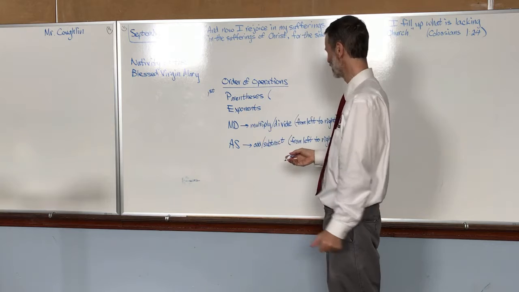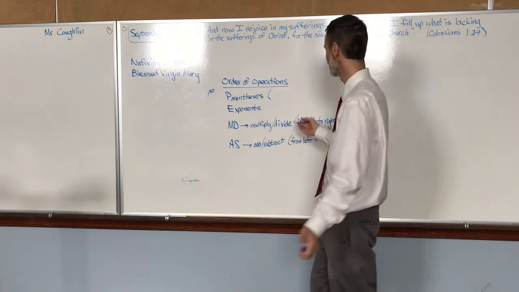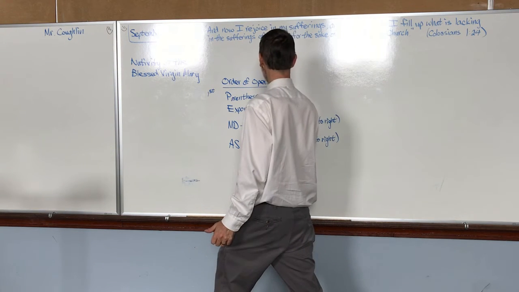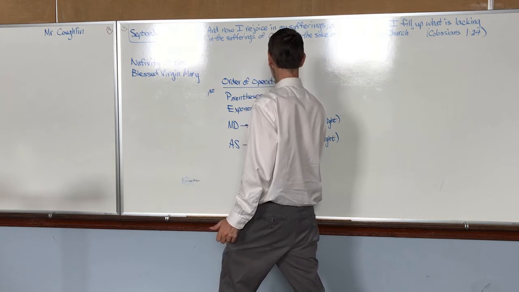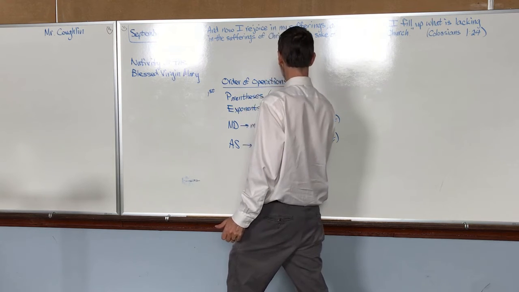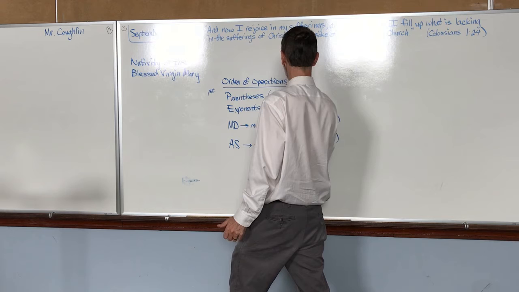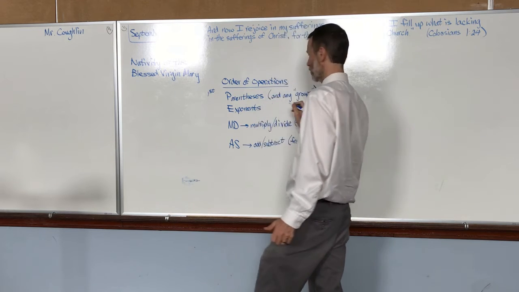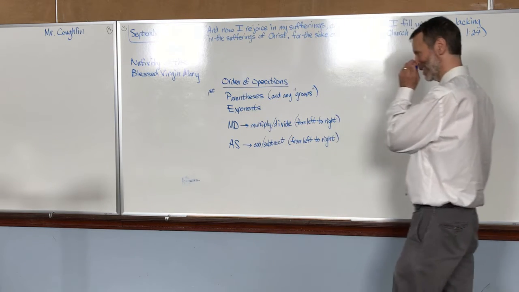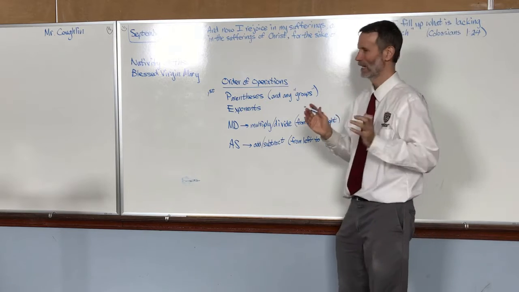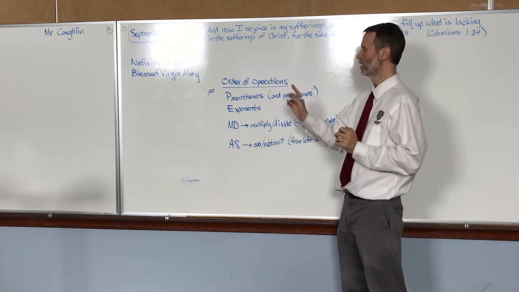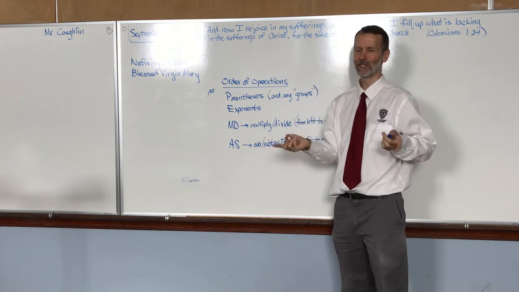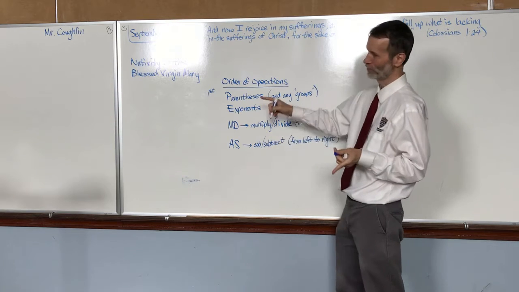So parentheses and any groups. I'll show you what that means a little later. But any collection, anything that belongs together, treat it like it has phantom parentheses around it. Treat it like a group and do it first.